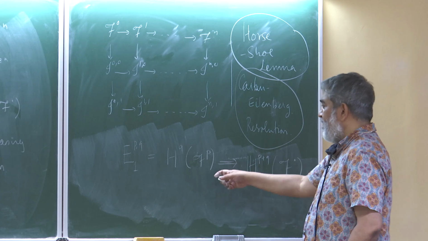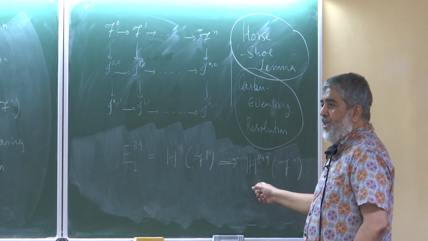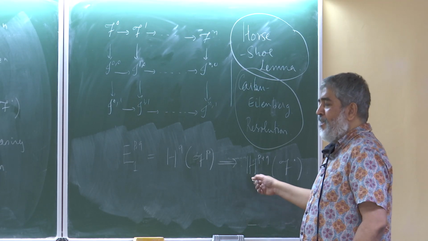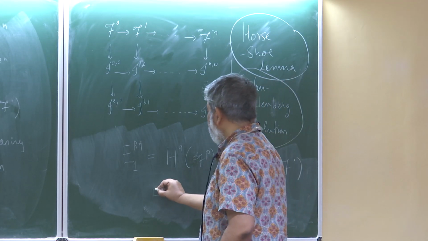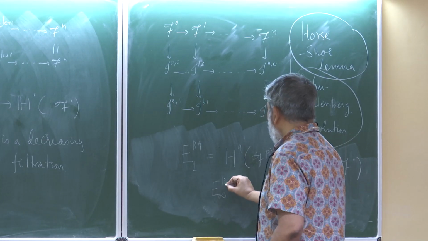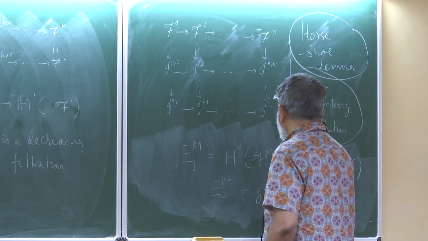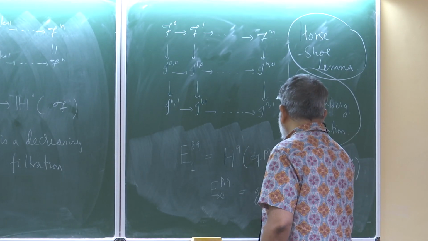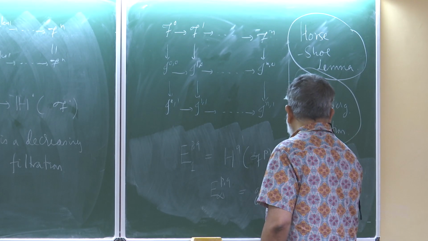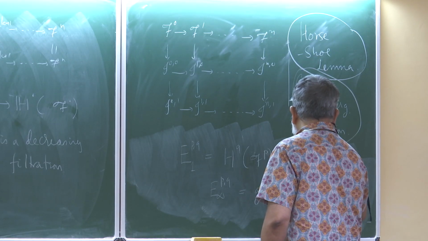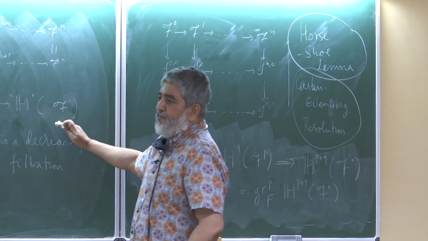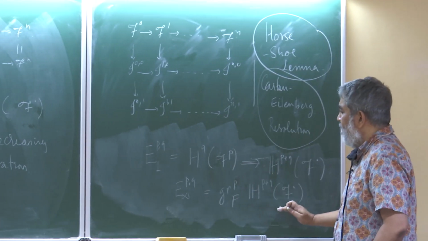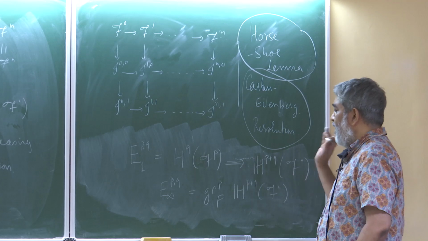Okay, so there is such a spectral sequence, and as I said yesterday, this spectral sequence means that the infinity term is in fact gr_F^p H^{p+q} of F dot, where this is this filtration. That's the relation between that filtration, the spectral sequence, and this cohomology.